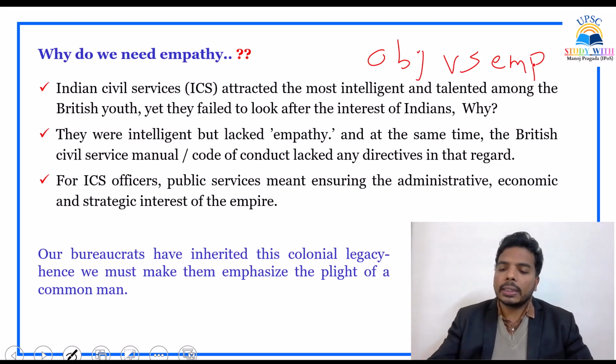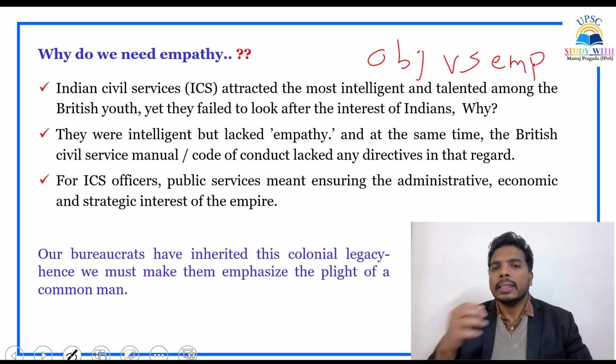See, empathy always targets individuals. Your sensitivity towards an individual, your sensitivity in understanding their emotions, feelings. As a boss, I will think that if his leave is cancelled, all his family members will be affected. There will be financial loss also. If I think in that perspective, I cannot deny the leave to the employee.